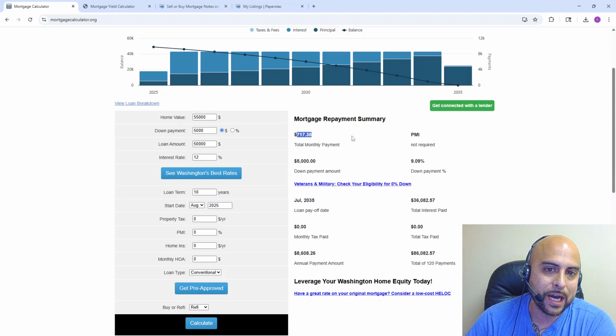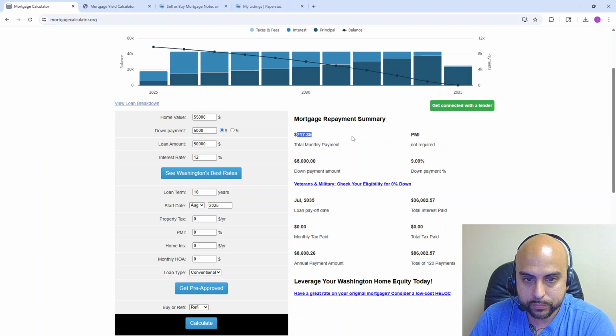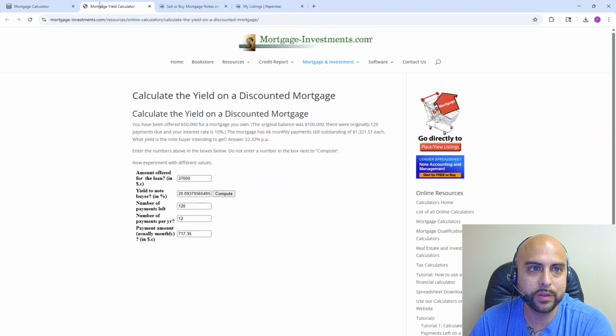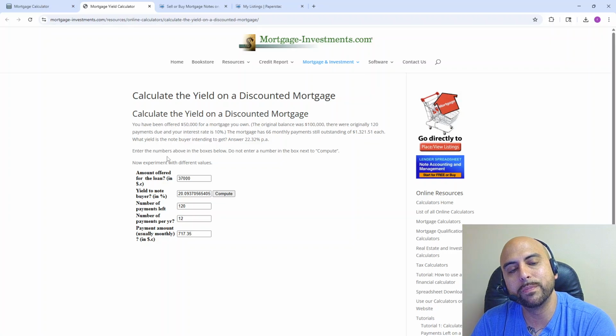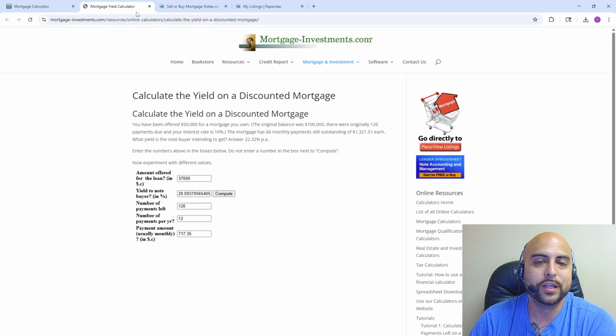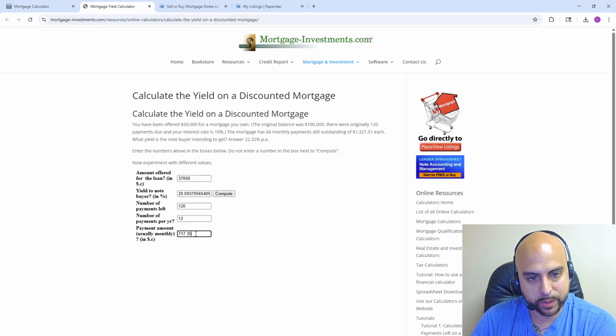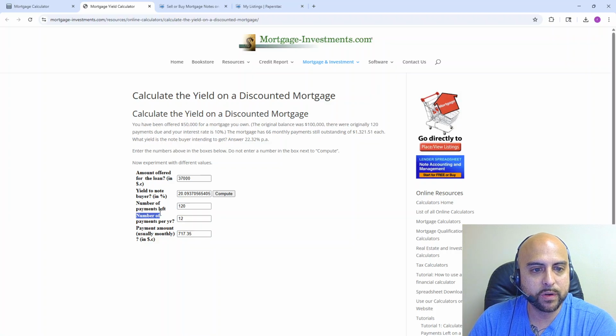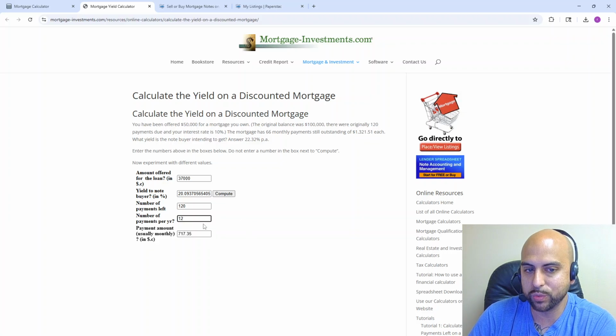So in order for us to calculate the yield, we have to copy this number, and now we hop over to the mortgage yield calculator. We'll just start from bottom to top. The payment amount, you would put the payment amount here. The number of payments per year, we would put 12, right? So it's one payment a month, 12 months a year, and that's how we come up with 12.